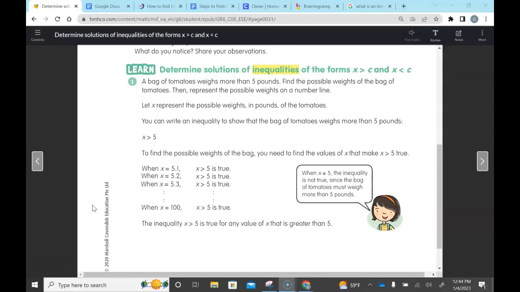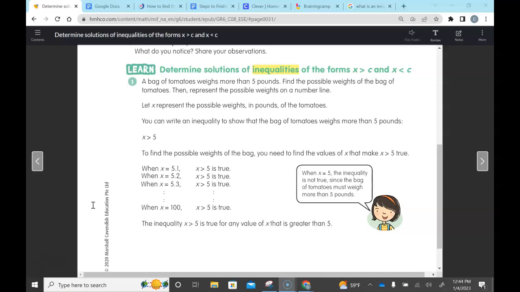Find the possible weights of the bag of tomatoes, then represent the possible weights on a number line. It says let x represent the possible weights in pounds of the tomatoes. Okay, so it's important to understand that a bag of tomatoes is going to weigh more than 5 pounds. It's not at least 5 pounds or more, but it's more than 5 pounds. So because of that, the inequality has to be x is greater than 5.